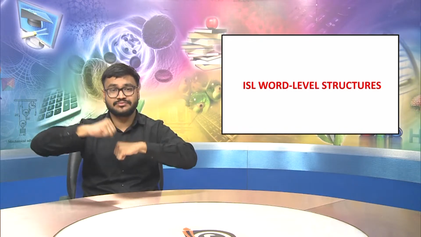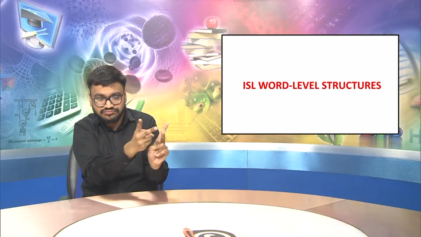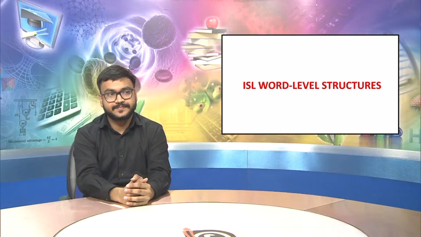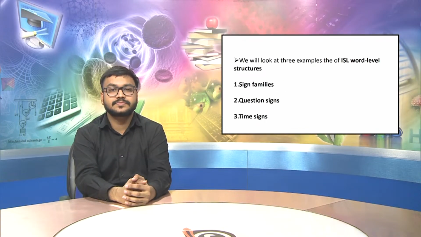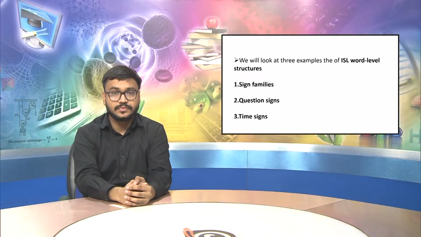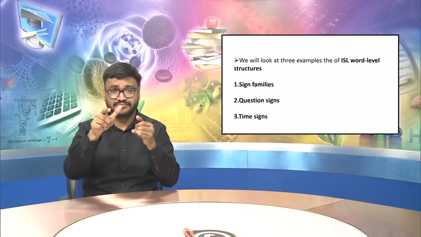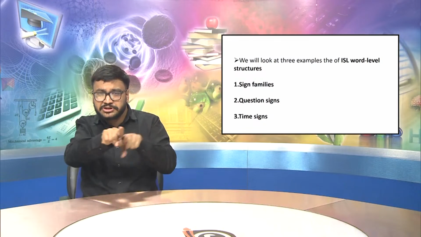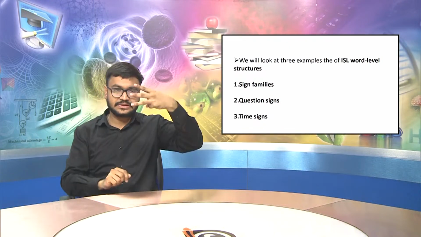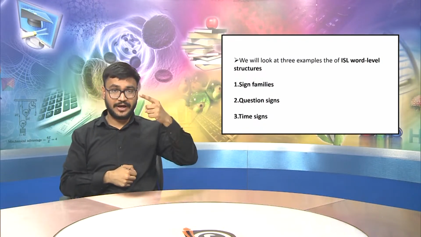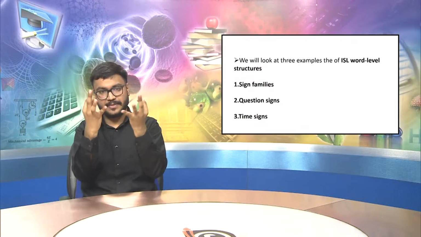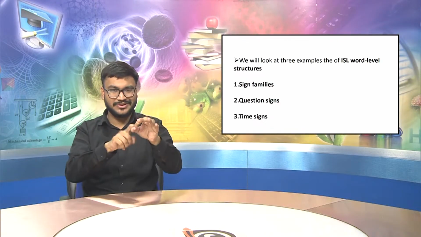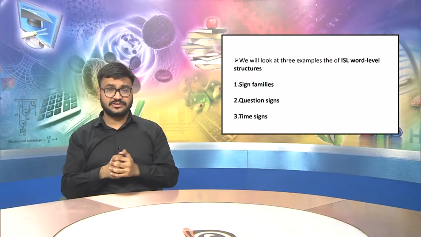Now we will look at the ISL word level structures. Firstly, we will look at three examples of ISL word level structures. First one is sign families. Second one is question signs.